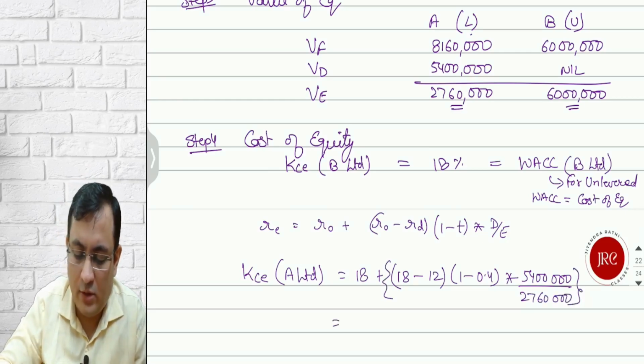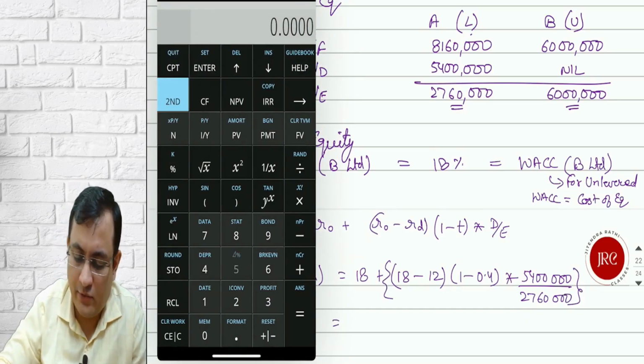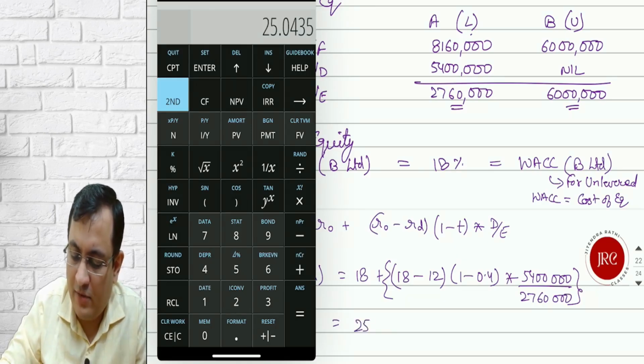So let's find out what is the cost of equity. Cost of equity is 54 divided by 27.6 multiplied by 0.6 multiplied by 6 plus 18. It is equals to 25.0435%.